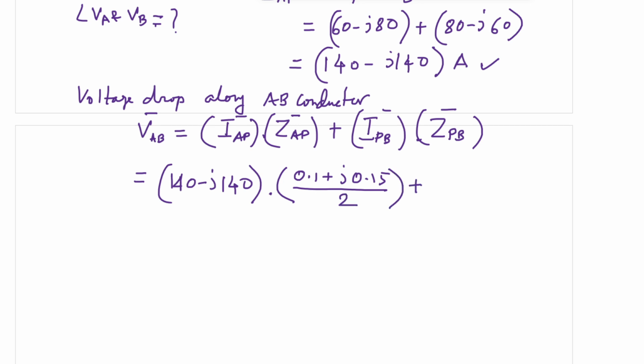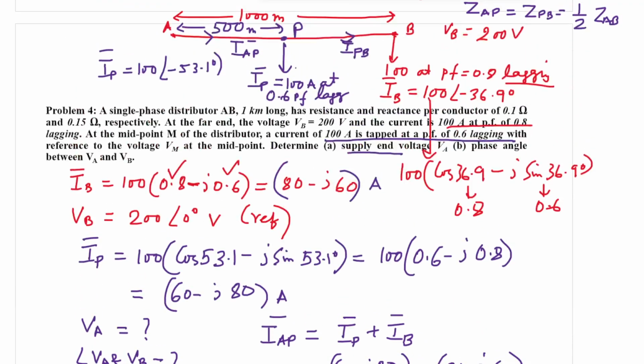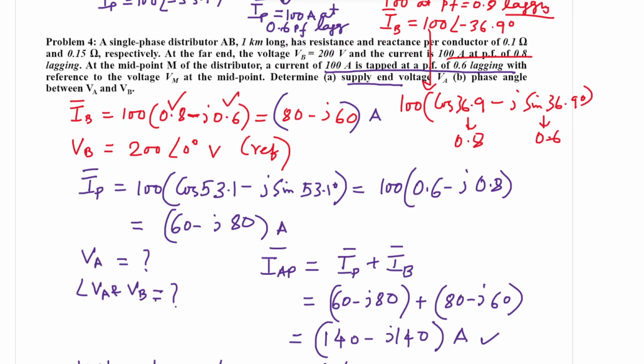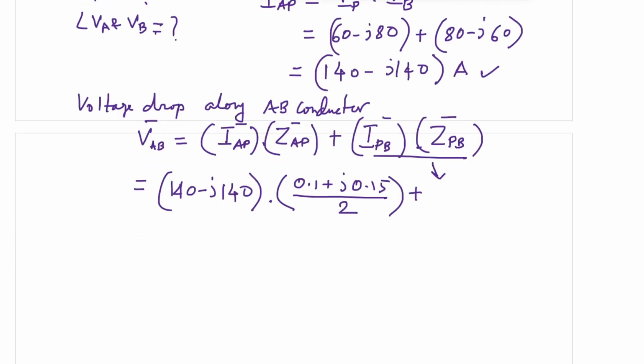Now let us go for this expression. What is IPB? IPB is this value, 80 minus J60. So it is 80 minus J60 multiplied with this expression 0.1 plus J0.15 by 2.